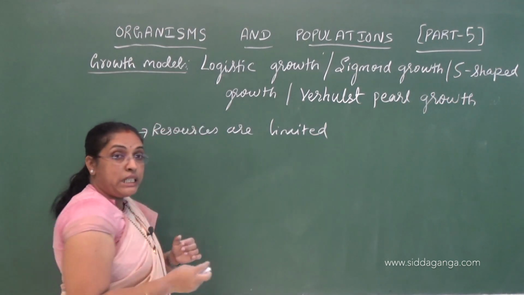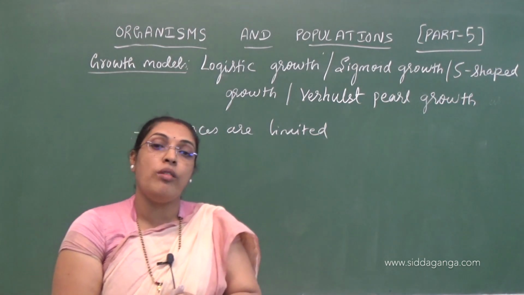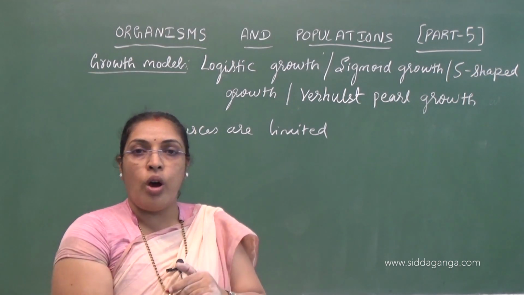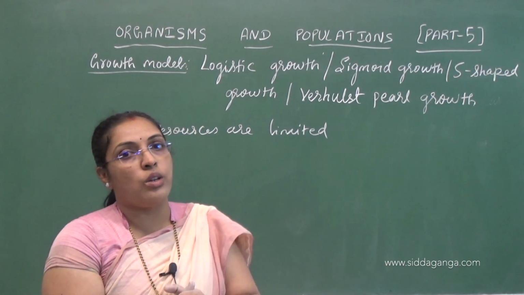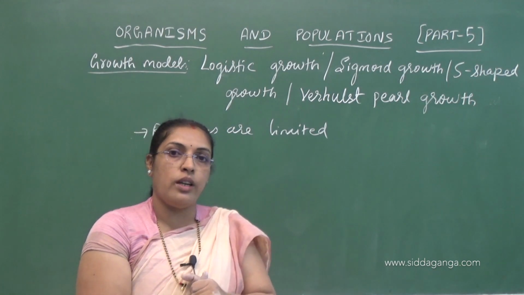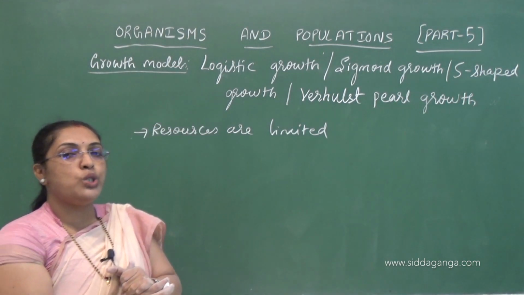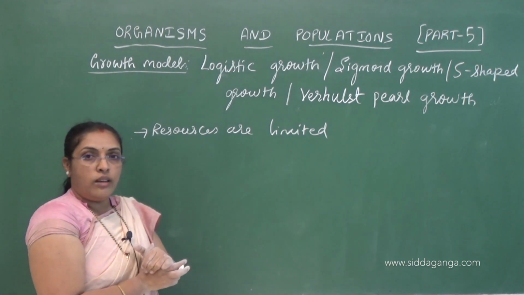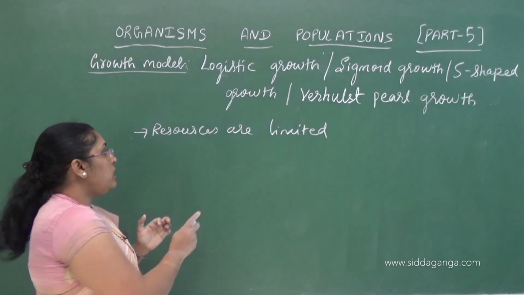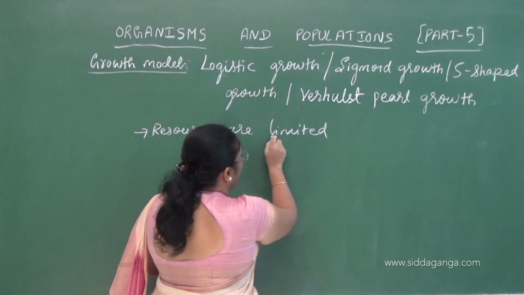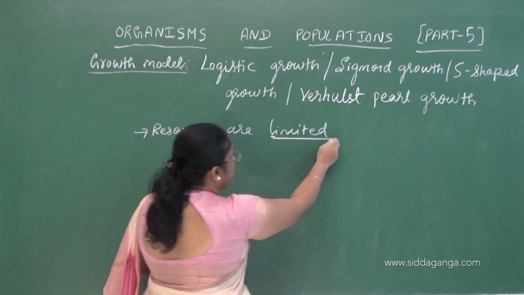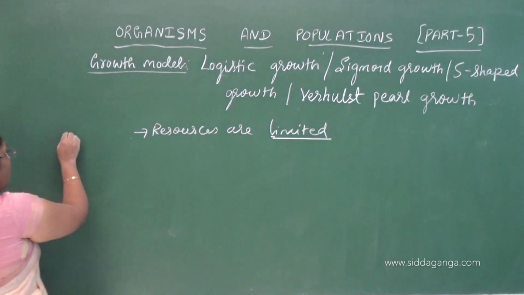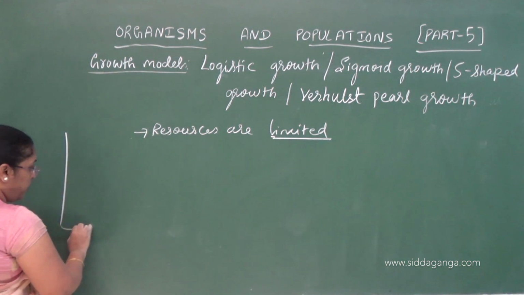See, what we discussed, exponential is not a realistic one, because in nature one day or other the resources are going to be limited. Logistic is very realistic, because this growth we see when resources are limited.